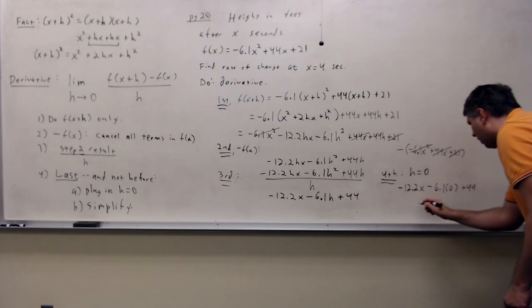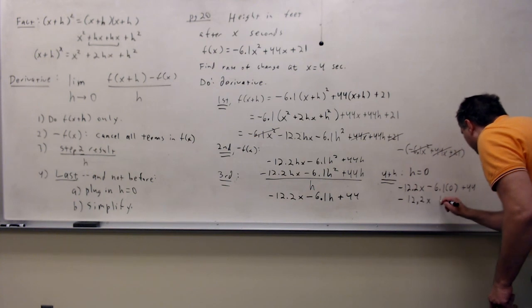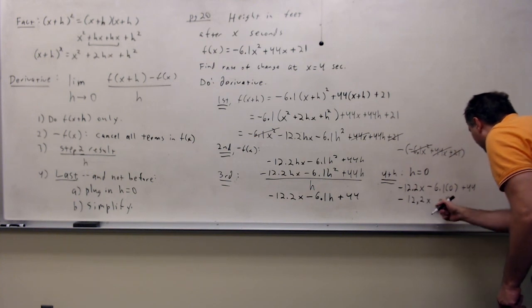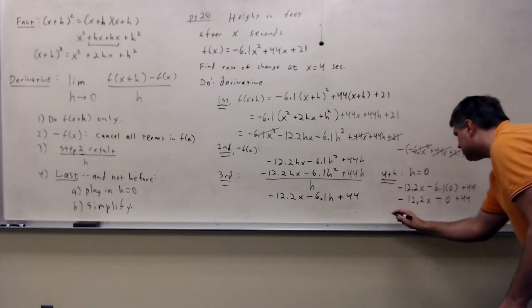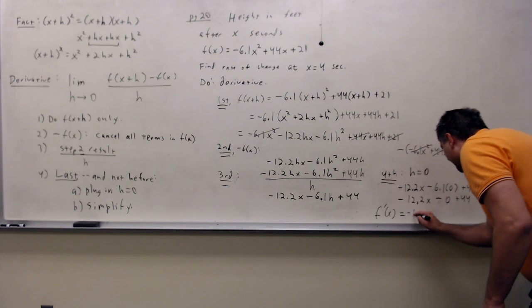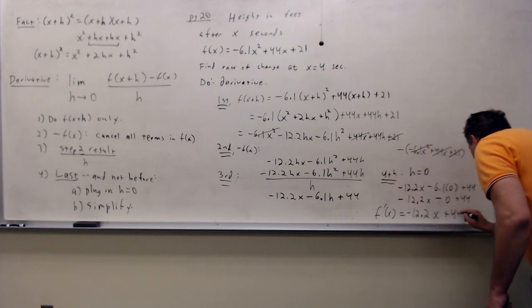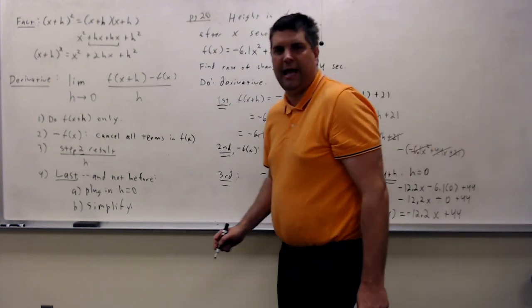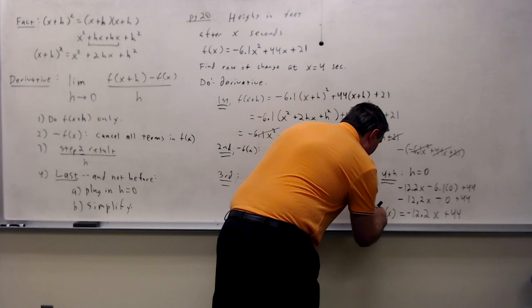And that's 0. Negative 12.2x minus 0 plus 44. The derivative, f prime of x, is negative 12.2x plus 44. Okay? That's the symbol for the derivative, f with an apostrophe.